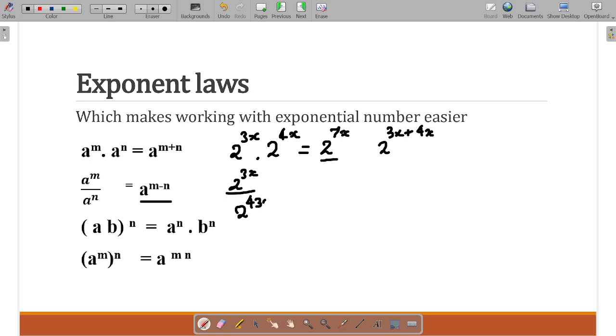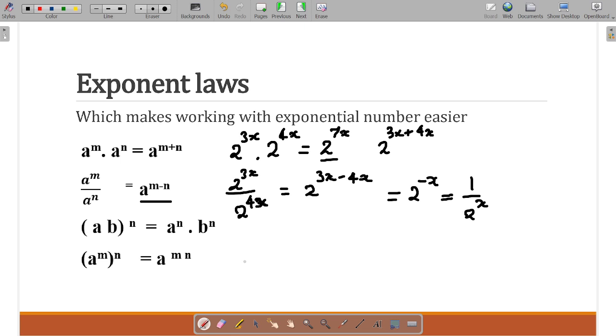It will give 2 power 3x minus 4x, that is 2 power minus x. Usually it is denoted as 1 by 2 power x. That is the way we have to represent that.